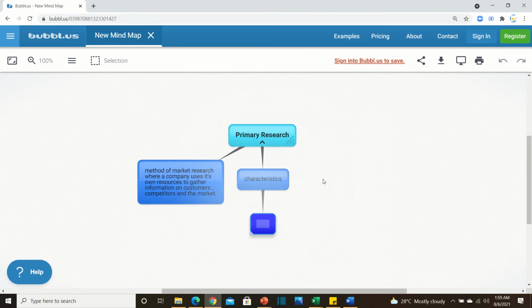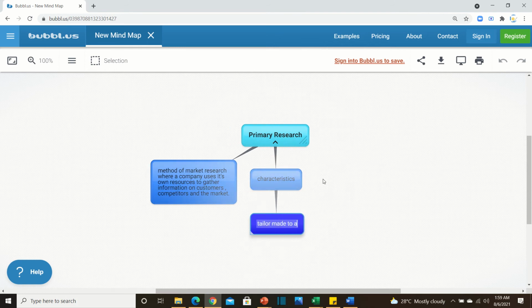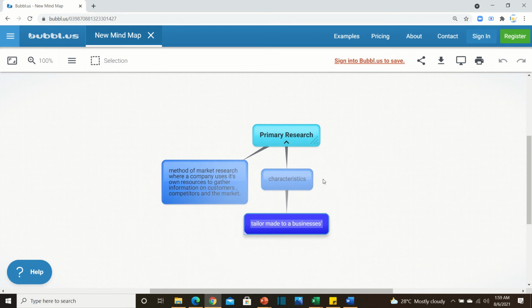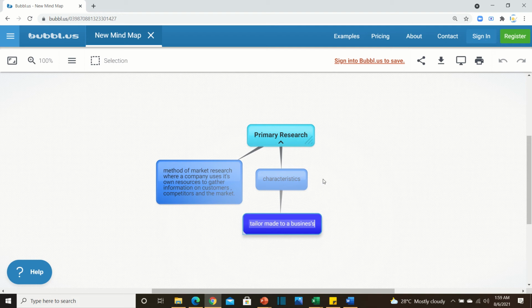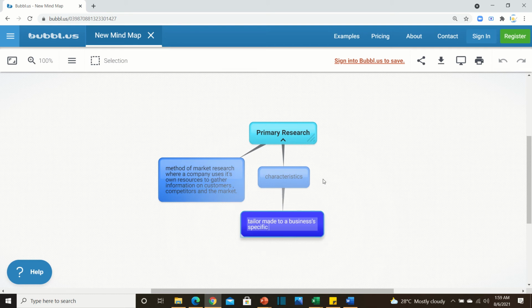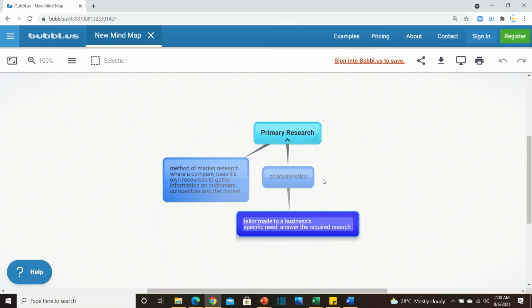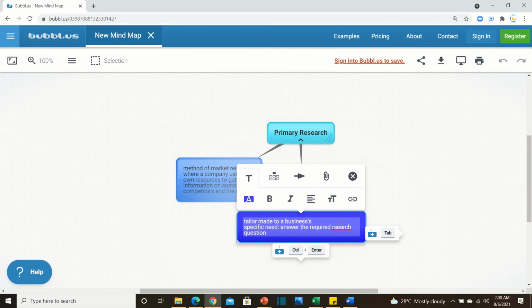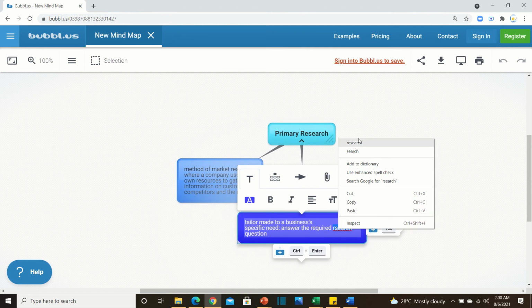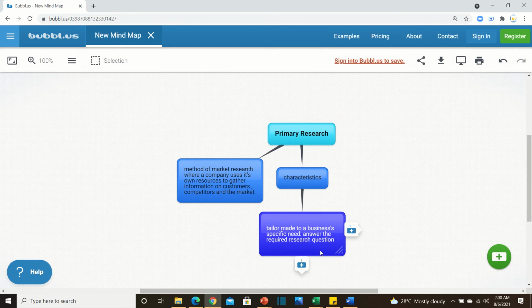The first characteristic is it is tailor-made to a business's specific needs, which answers the required research question. जो भी हमारा research question है business का उस हवाले से हम अपना research को tailor कर सकते हैं, research को customize कर सकते हैं.